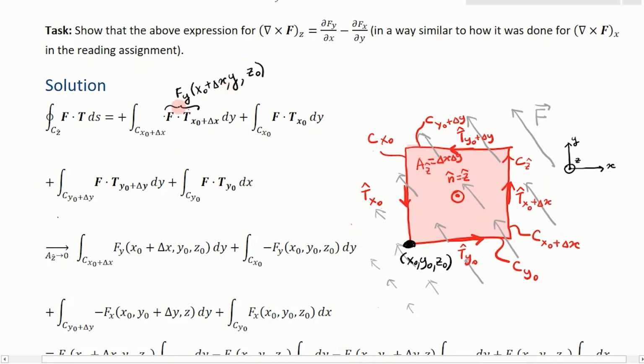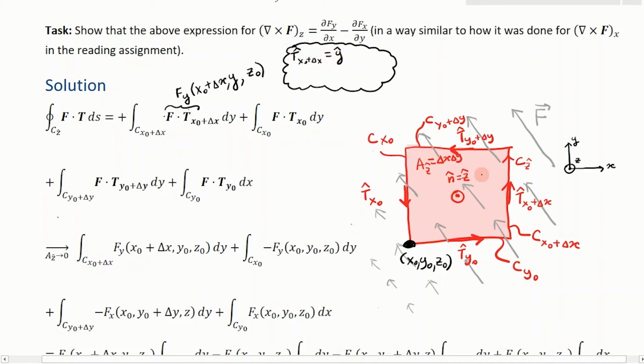Now, if you're not convinced that this dot product is equal to fy, I can explain it in several different ways. One way is to realize that my t hat x naught plus delta x equals y hat.